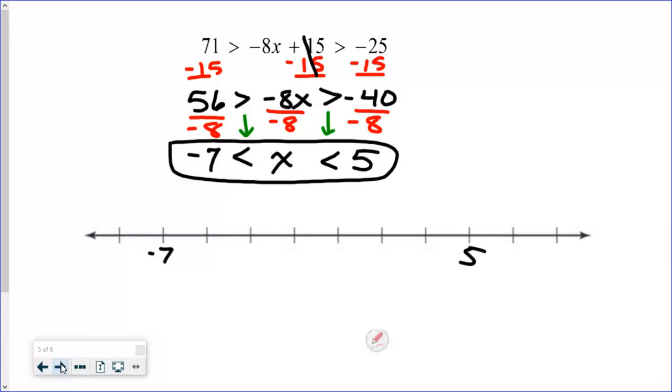Because I know it's a tweener, they're both hollow circles, but think of it: -7 is less than x, so x has to be bigger, and x is less than 5, so it's between shading. Okay, so that's an "and." Between shading is an "and."